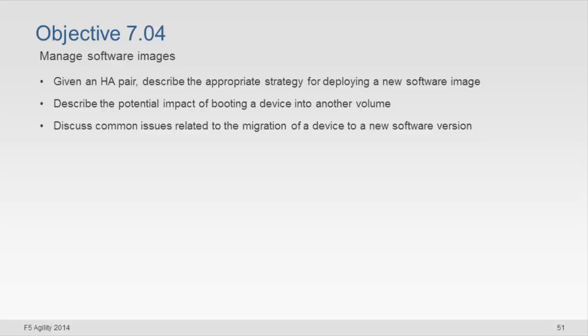Because as we add new features to new releases of code, especially across major releases, the structure of config changes, right? And that structure of config change says that the config file isn't even structured the way I read a config file today, and it's not going to smoothly load into the new OS. It takes time sometimes for us to get that process of migration across major releases to work out well.